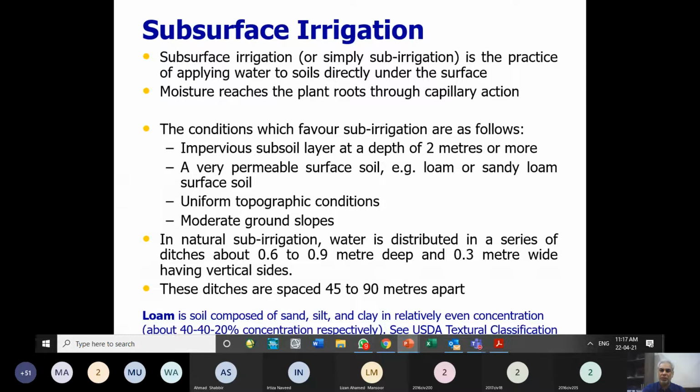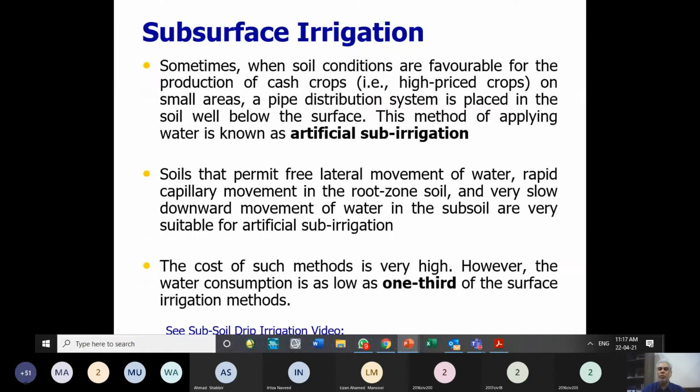In comparison to this, we can go to artificial subsurface irrigation, in which we provide a network of pipes underneath the ground. Those pipes have perforations or openings at 0.5 to 1 meter distance from each other, and the pipes are 2 to 4 meters apart.